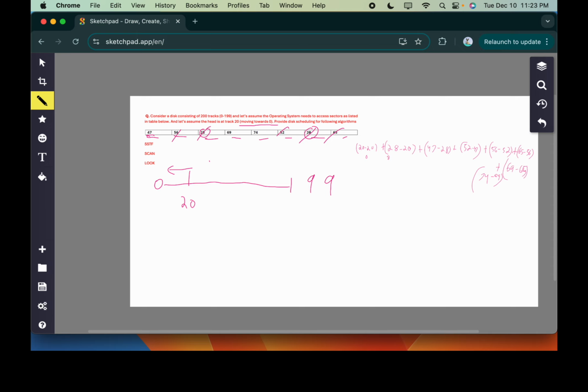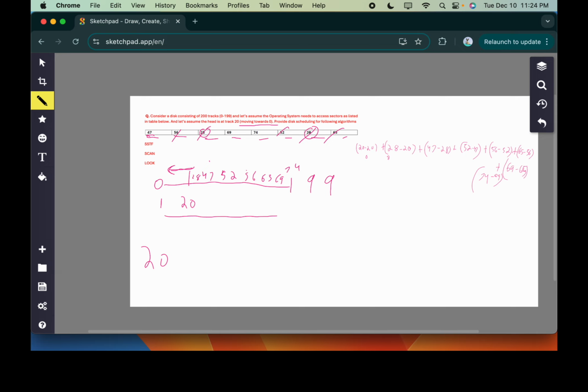Next is SCAN. So SCAN, one direction, keep going straight. 20 to 0. Then we go all the way back. So actually I should probably write these out: 47, 52, 56, 28, 65, 69, 74.